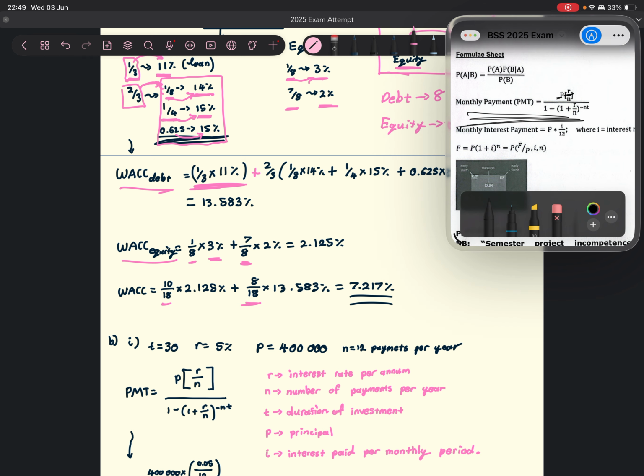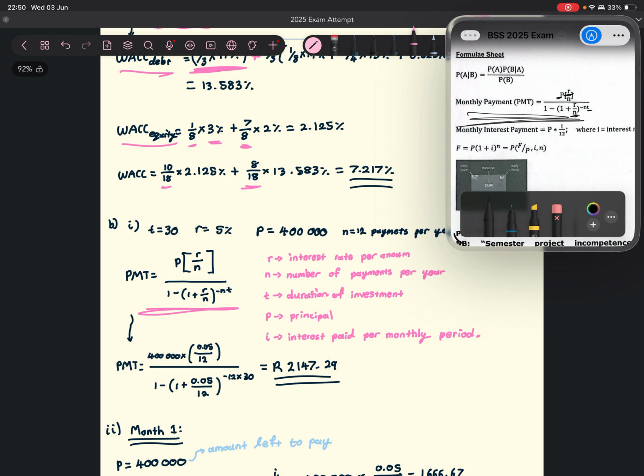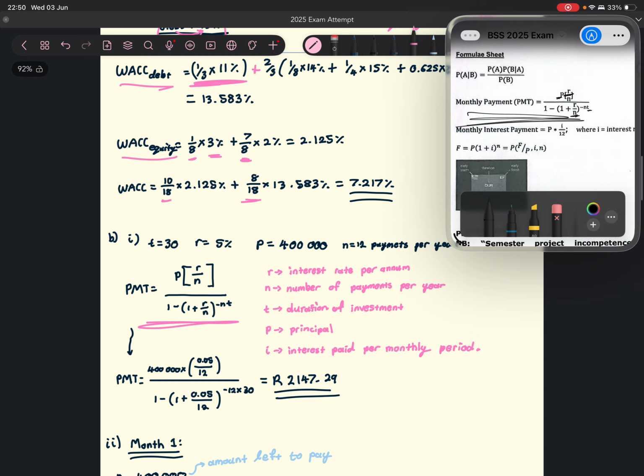R is your interest rate, which is 5%, and then N is the number of payments you make each year. We're paying per month, so it's 12 payments per year. And T is your time period, which is 30 years. So you just substitute everything into this equation, and you'll get an answer of 2,147 rand per month. So that's the amount you're paying per month.